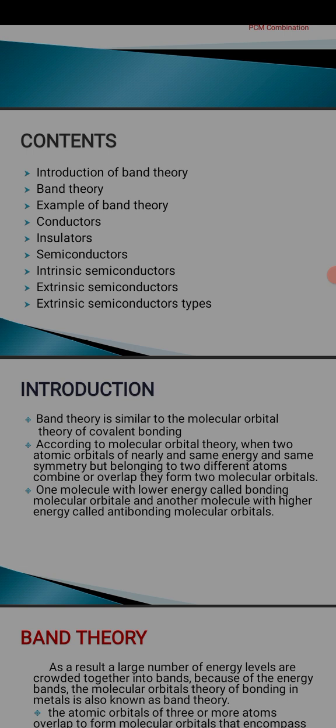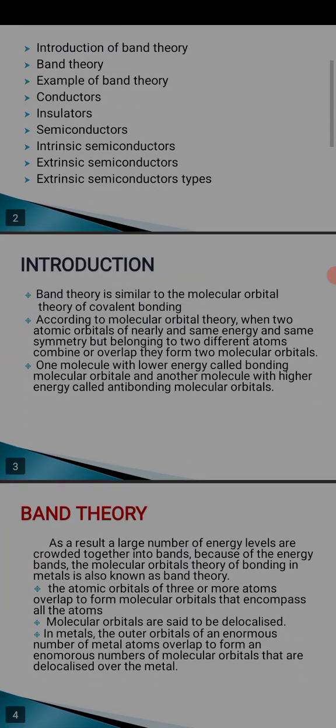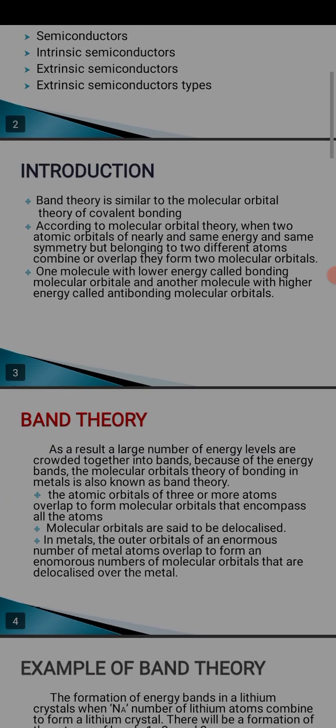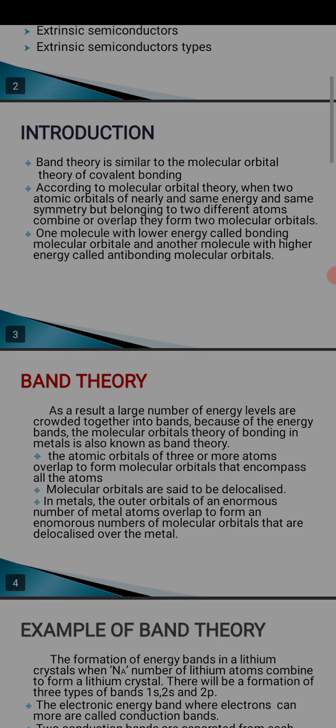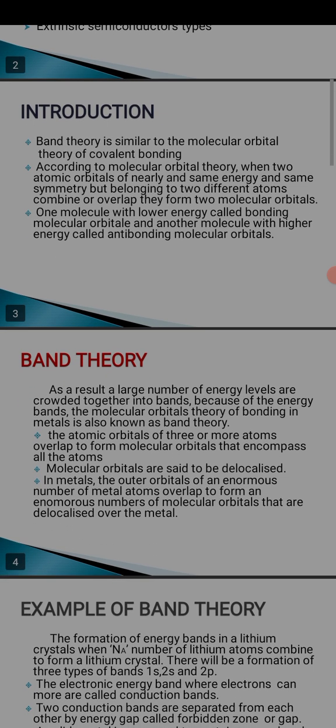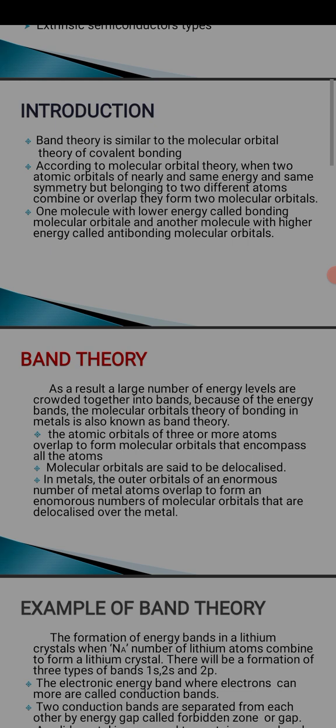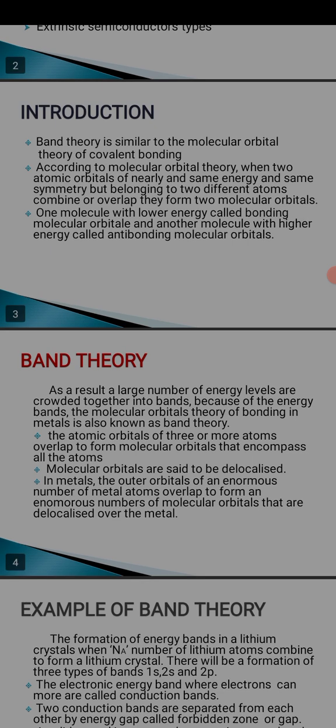One molecular orbital with lower energy is called the bonding molecular orbital and another with higher energy is called the antibonding molecular orbital. As a result, a large number of energy levels are crowded together into bands. Because of the energy bands, the molecular orbital theory of bonding in metals is also known as band theory.